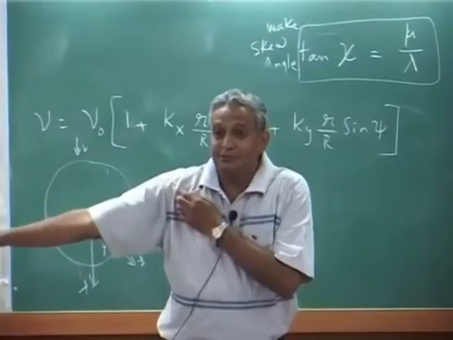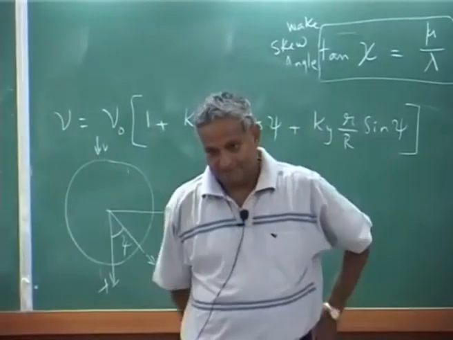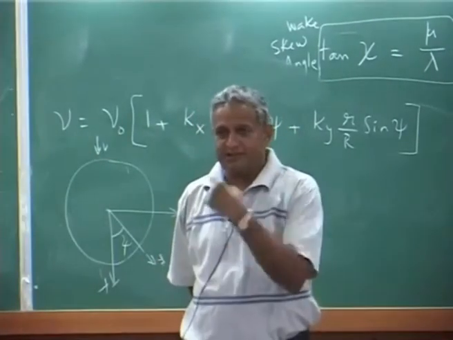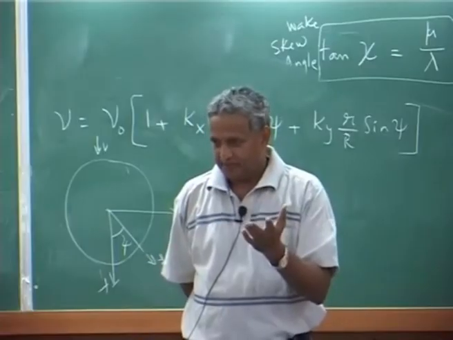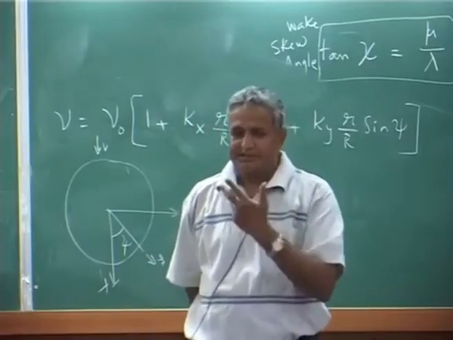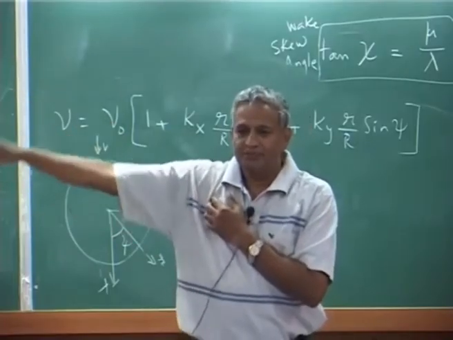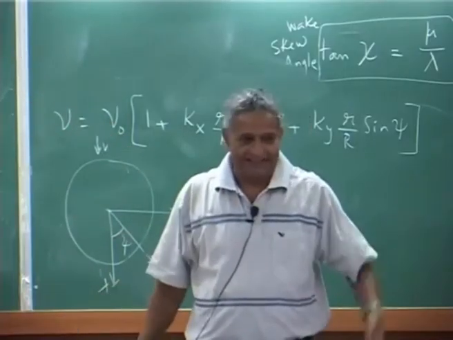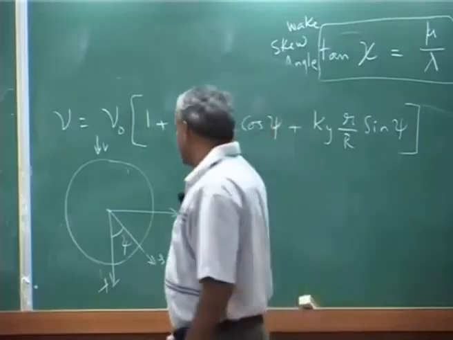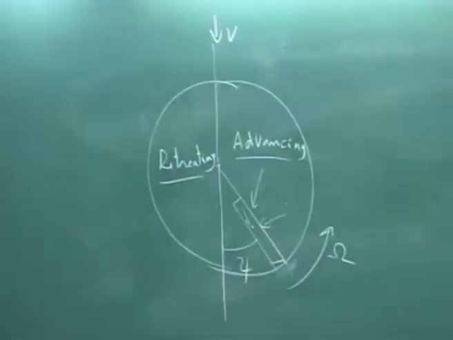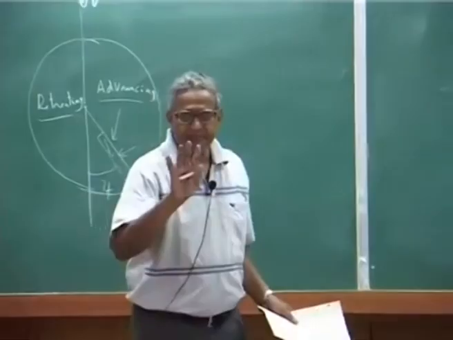Because you know the load is sinusoidal, or periodic, you expect the flap motion is also periodic, and we will call the flap motion by the symbol beta. Let us take a very simple case.